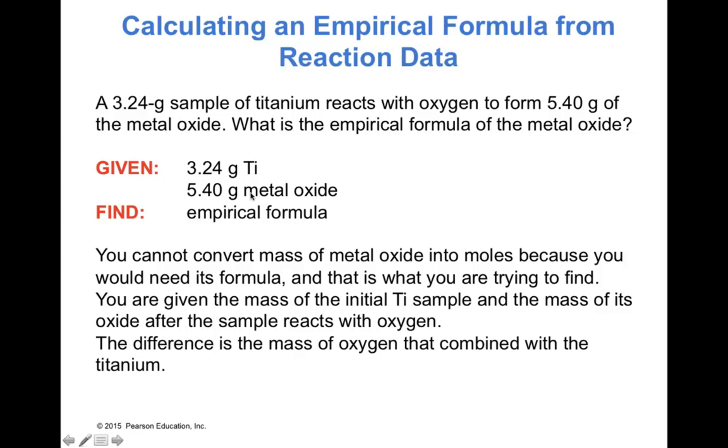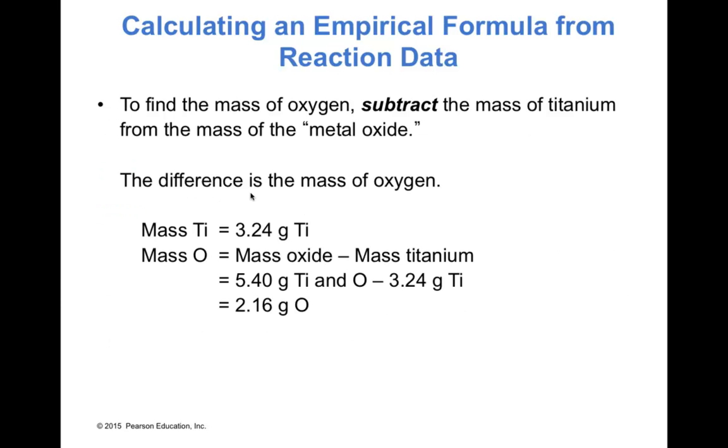So the difference will be the mass of oxygen that combined with the titanium to produce the metal oxide. To find the mass of oxygen, we need to subtract the mass of titanium from the mass of the metal oxide. That will be 5.40 minus 3.24, and this is the mass of oxygen.